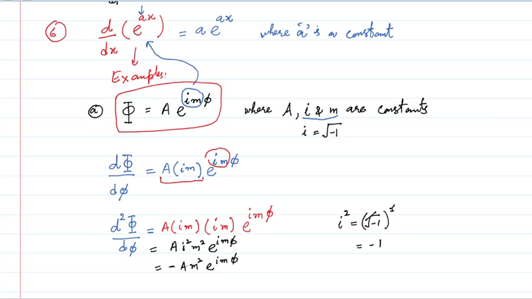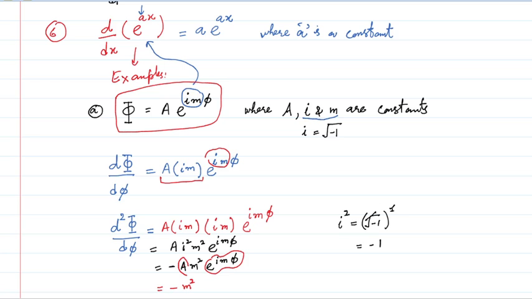That means a e raised power iota m phi is basically equal to capital phi. That means you can also simplify this into minus m square phi.